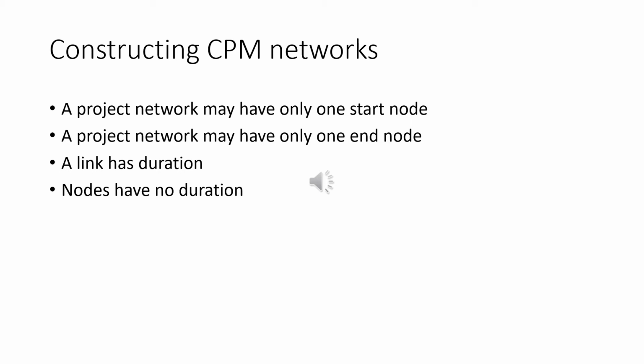The end node, the sink node, is also an event. The source node is the event of the project becoming ready to start. The end node or the sink node is the event of the project becoming completed.